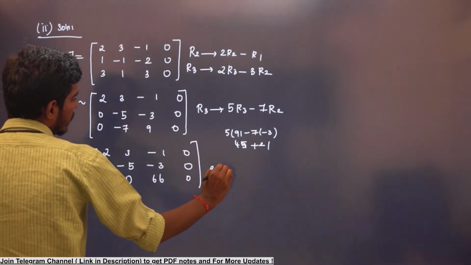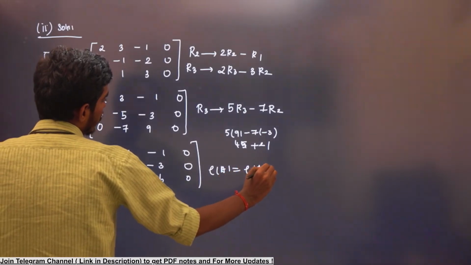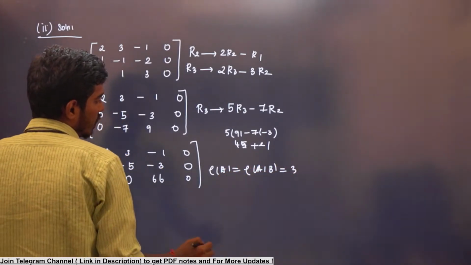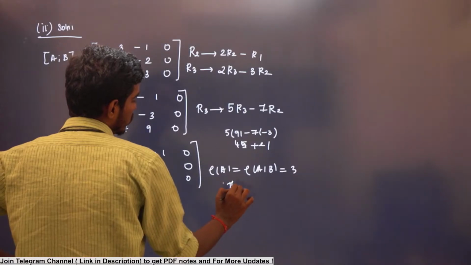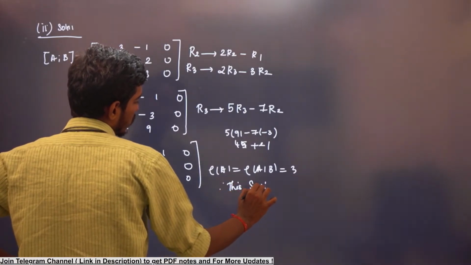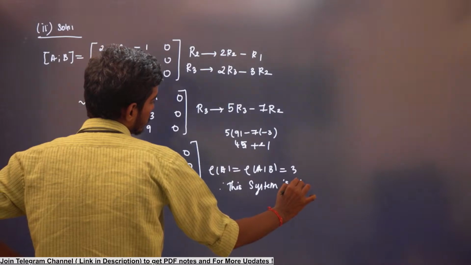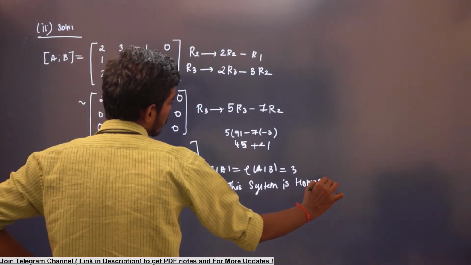Now you can see that the rank of A and the rank of A comma B both are equal to 3. And we know that this system is a homogeneous system.